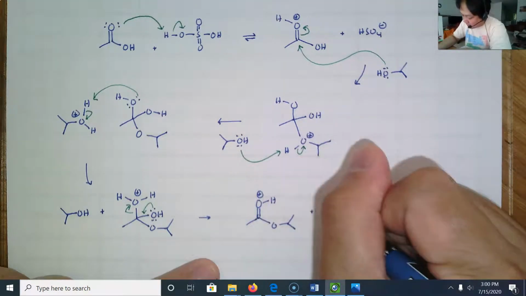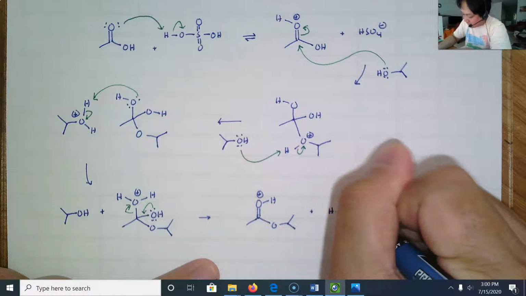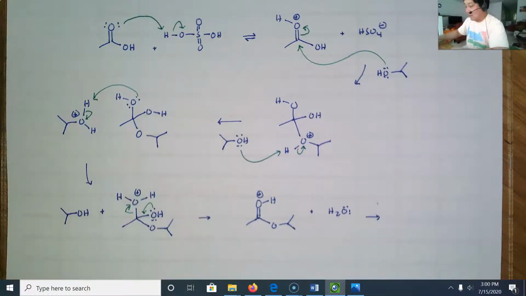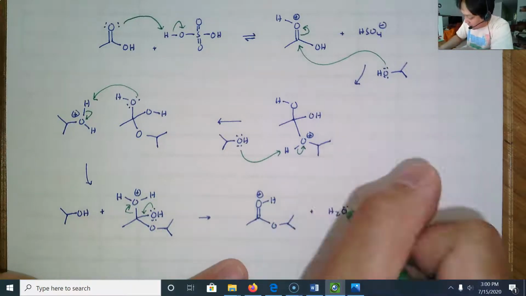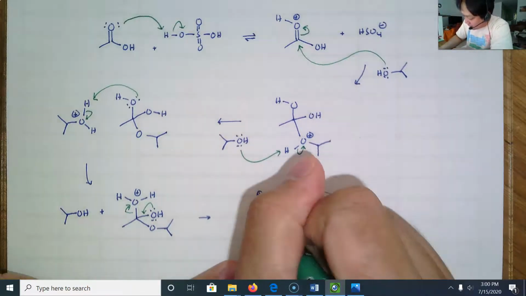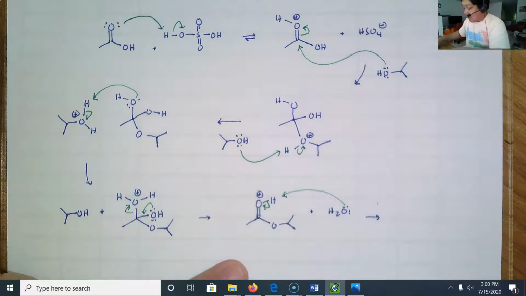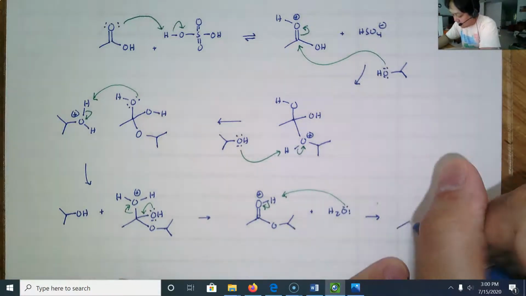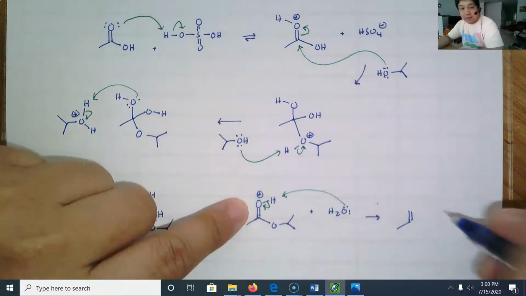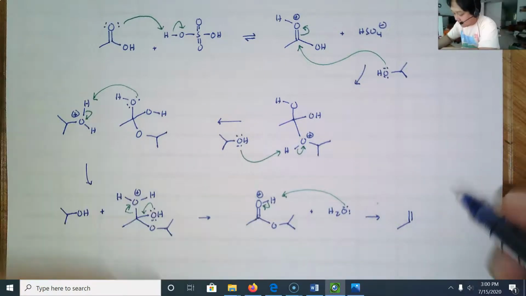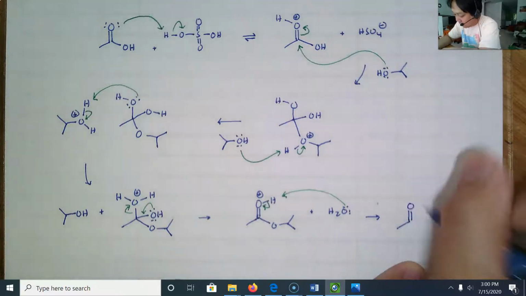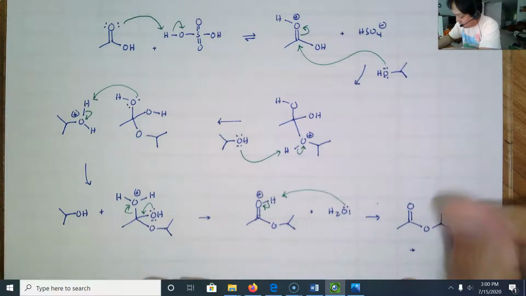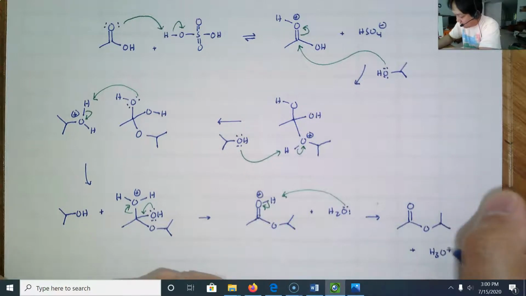We kicked out water. So there is going to be a generation of water during this process. And then finally, to get a final ester, you know that we are going to deprotonate. Make sure that when you do this on an exam that you don't rush too fast and have your arrows start or end in the wrong place. You want it to be very close to the grader. And you did create another molecule of acid.